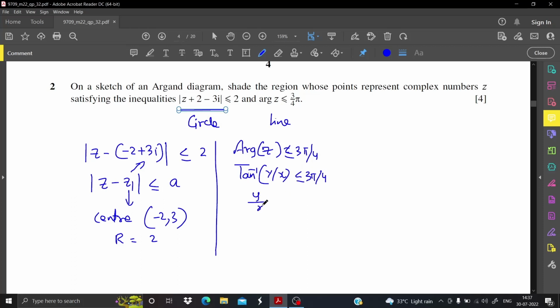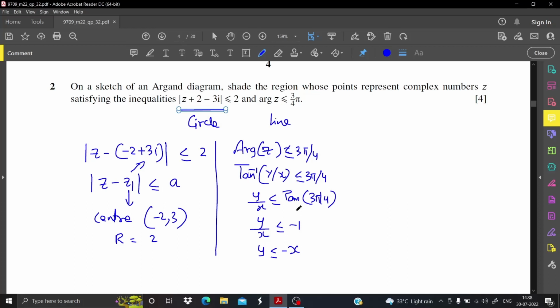So y by x less than or equal to tan of 3 pi by 4, which is -1, which means y less than or equal to -x. Or you can convert this argument z less than or equal to 3 pi by 4 to a straight line y less than or equal to -x.